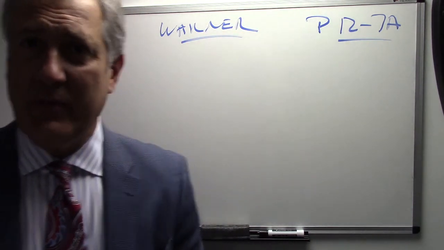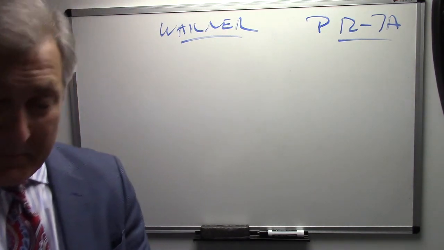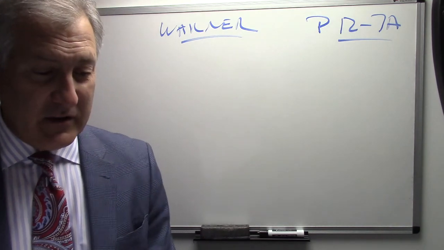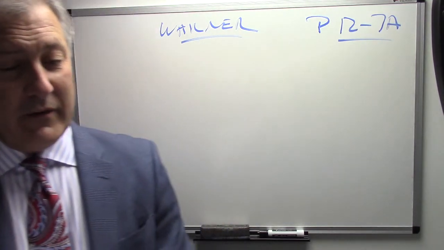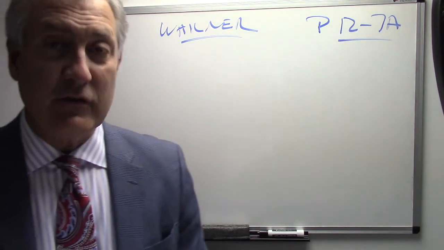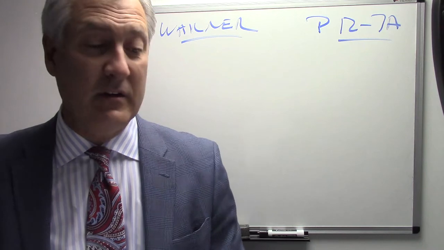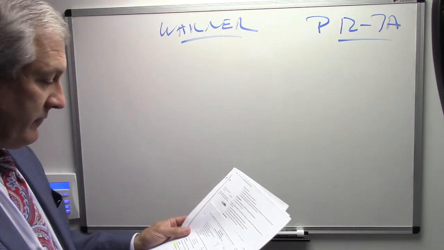And we want to do the same thing. They're giving us some information. In this problem, they give us a comparative balance sheet. They give us an income statement, and they give us some additional information. And they're asking you to do two things here. Number one, they're asking you to prepare the statement of cash flows using the indirect method. And secondly, they're asking you to compute free cash flow.